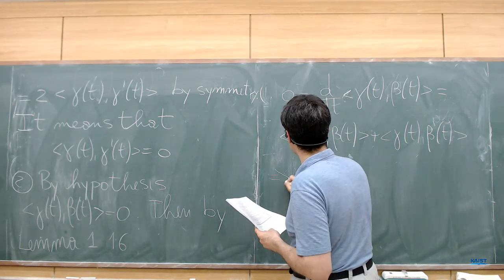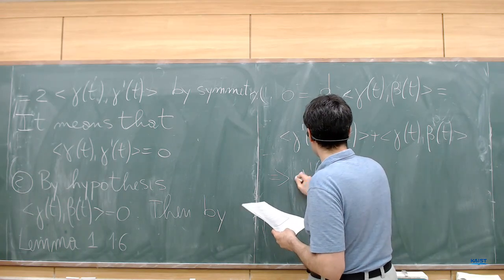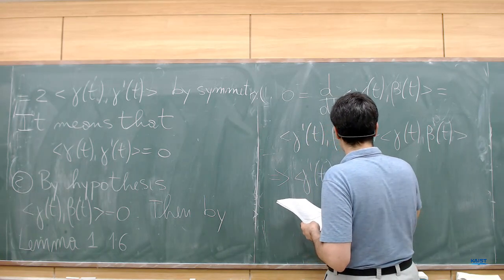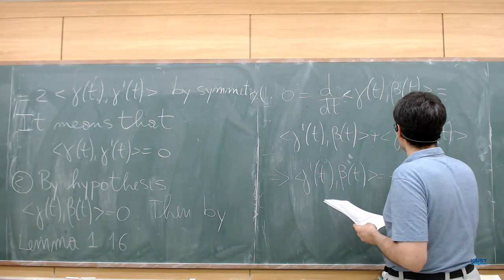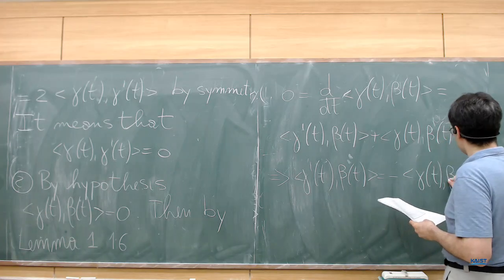This implies that the inner product of gamma prime t and beta t is negative the inner product of gamma t and beta prime.